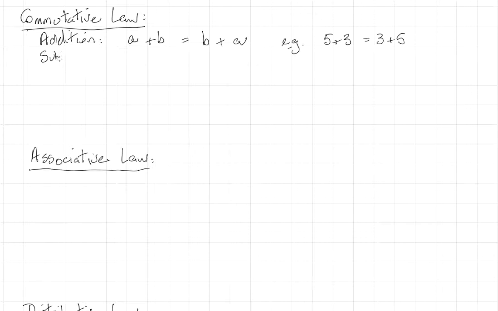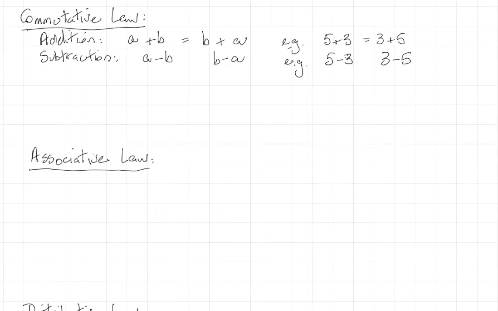With subtraction, A minus B, B minus A, what sign are we going to put between them? Is it equal or unequal? Well, if we use the same numbers, we've got 5 minus 3 and 3 minus 5.